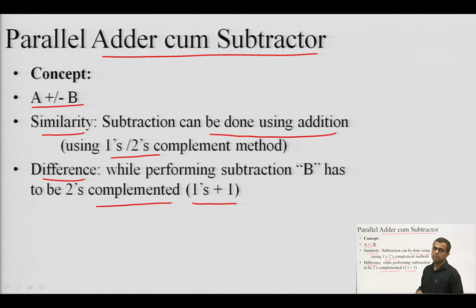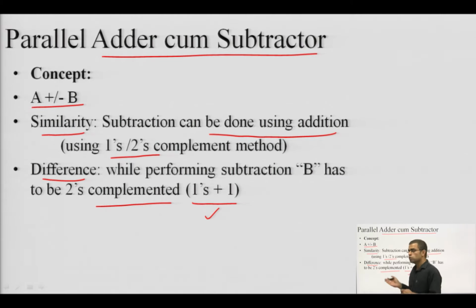Now, how these things are to be implemented with the help of a structure, that we have to see. Okay. So, for this difference of 1's complement plus 1, the 1's complement can be easily computed with the help of a NOT gate, very simple. Okay.